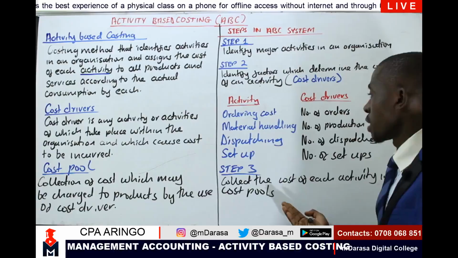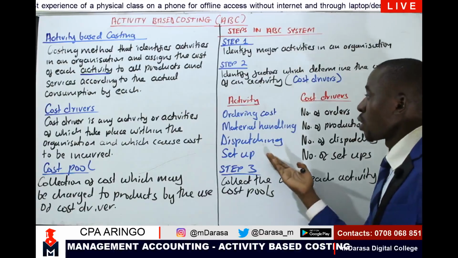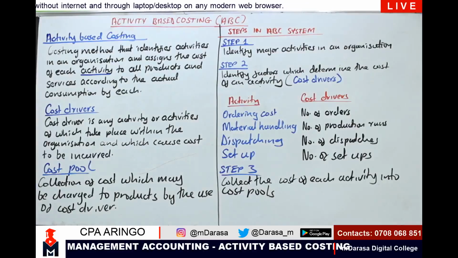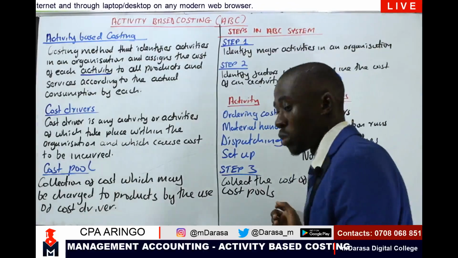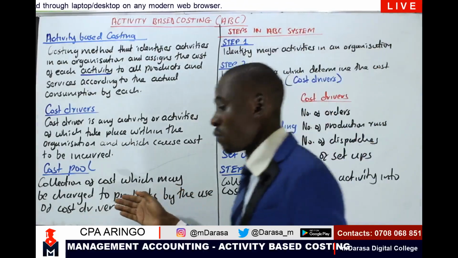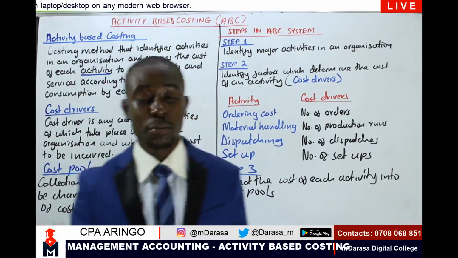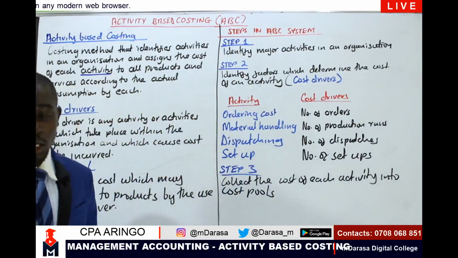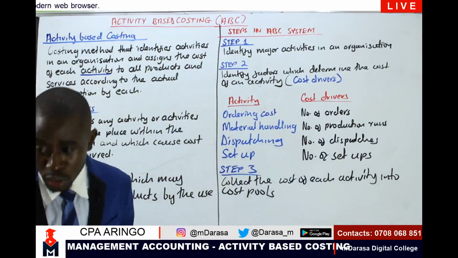Because you'll see step number 3, after we've identified our cost drivers, it will be upon us to collect the cost of each activity into what is known as the cost pool. The beauty of it is that we had looked at it at that point. After that, we go to step number 4.